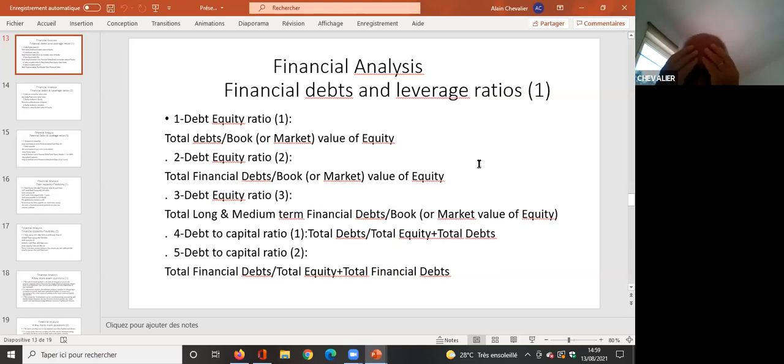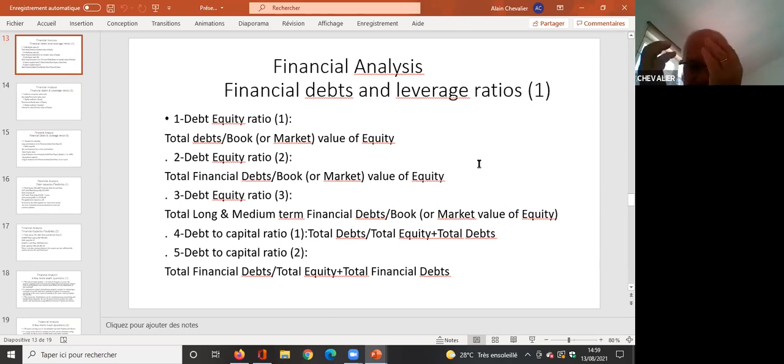To say, okay, is the level of debt acceptable? Is this level acceptable for the firm? Does it create a problem? Or is it at the optimal level, not creating too much risk and improving the return?